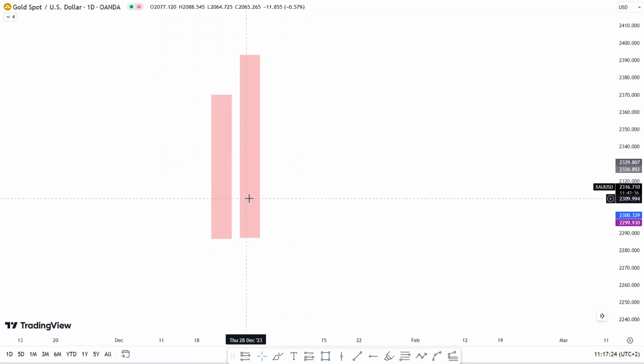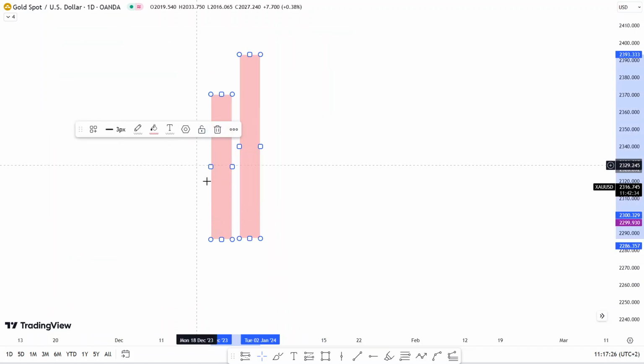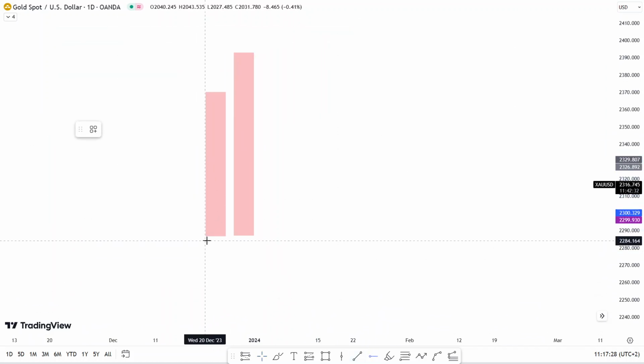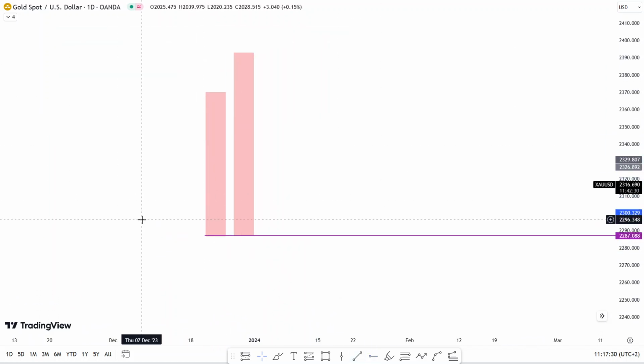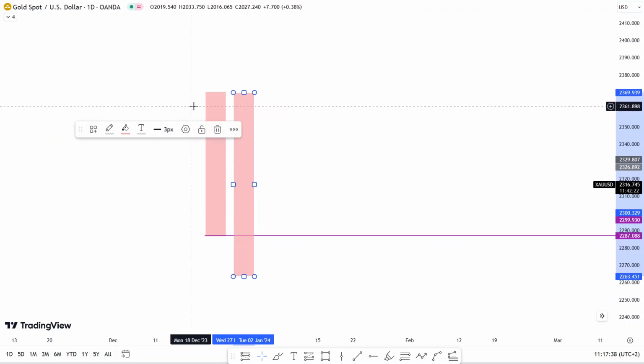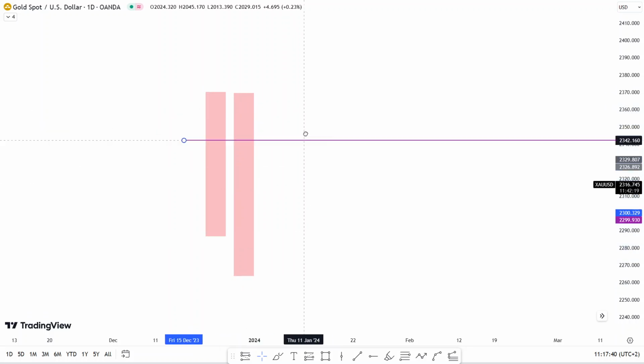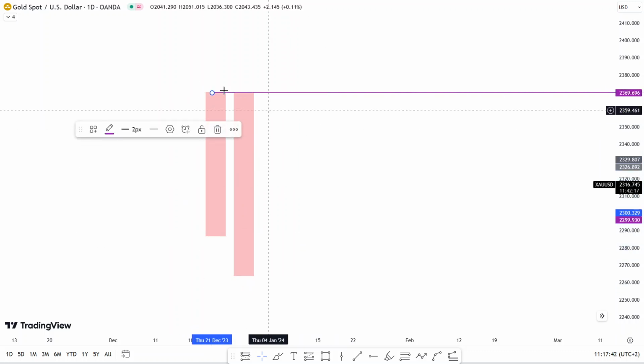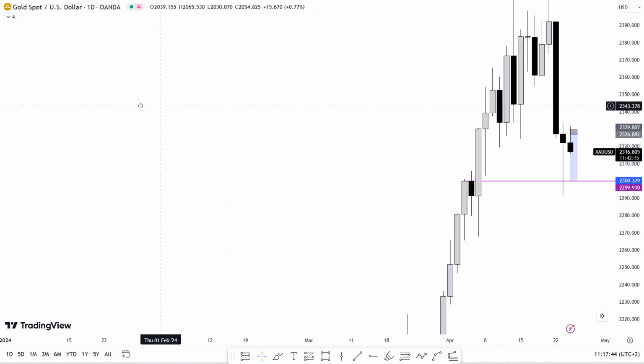Sell and then buy. This forms an area of support from the close of the first candle. And when we have a buy and then a sell, the close of the first candle will be our resistance area.